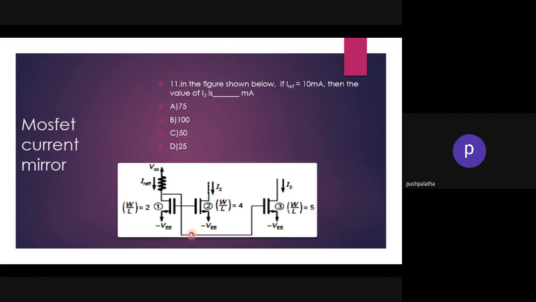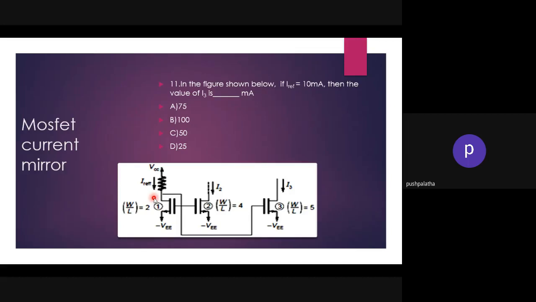It means what? The first two are connected back to back, and the third is also connected to the first one. This is a current mirror circuit. See all the terminals and all your drains. So I reference, I2 and I3. It is a current mirror circuit. Clear?